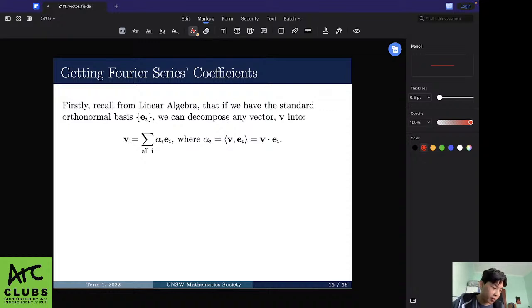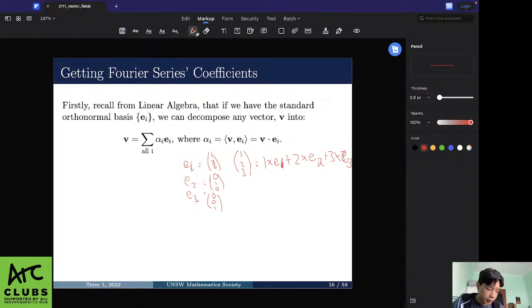So when we're given our orthonormal basis, for example in 3 dimensions, we have E1, E2, E3, which is equal to 100, 010, and 001. How exactly do we get the vector 1, 2, 3 to become 1 times E1 plus 2 times E2 plus 3 times E3?